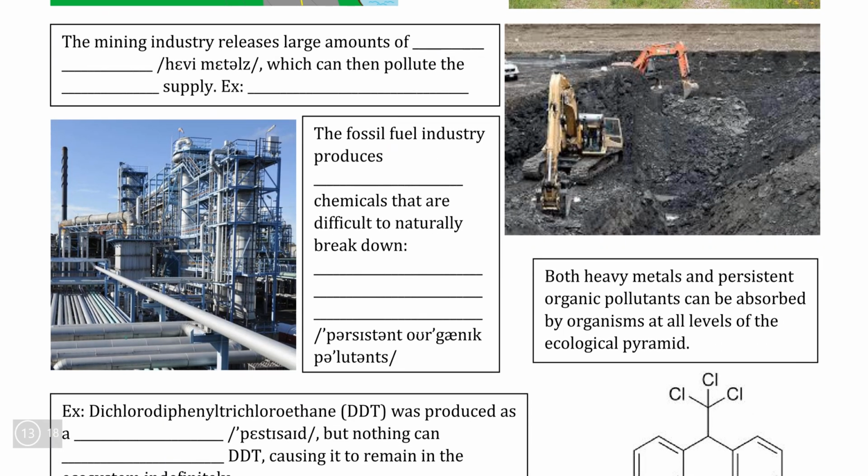2 much more well-known examples of anthropogenic activity that can cause disastrous effects for a climate are mining and the fossil fuel industry.